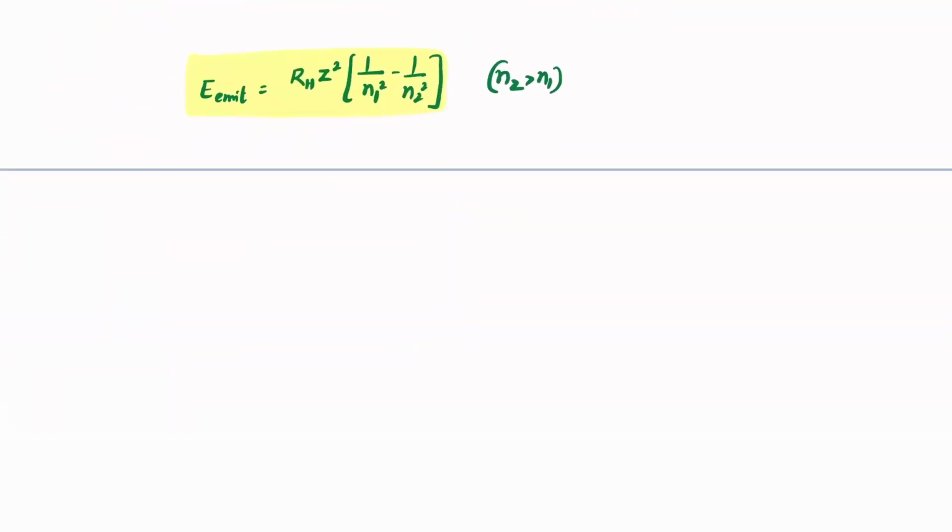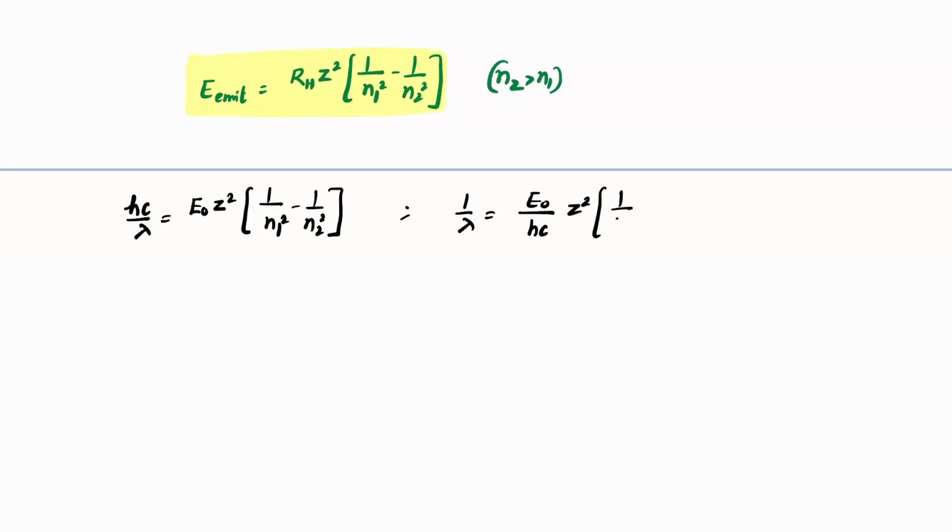Now, another way of representing the same equation is hc by lambda is equal to E naught into Z square into 1 by n1 square minus 1 by n2 square. And hc is a constant value. If I pull that constant value to the other side, I will get 1 by lambda is equal to E naught by hc into Z square into 1 by n1 square minus 1 by n2 square. E naught is a constant value, hc is also a constant value.